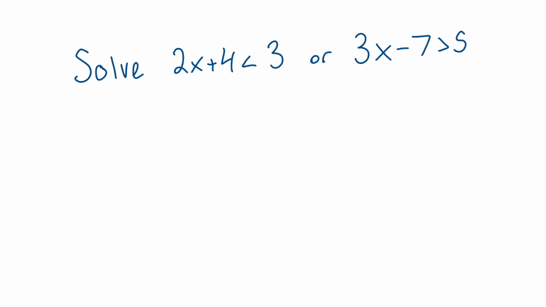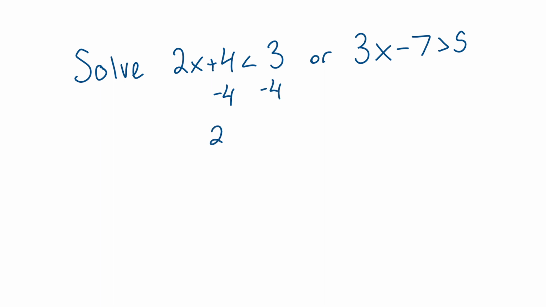I'm just making these up on the spot. They might end up with messy answers, but it doesn't matter. We should be able to solve whatever is thrown at us. So we treat this as two separate inequalities and solve both of them separately, and then at the end, we combine them into one statement using interval notation. We'll solve the left one here.